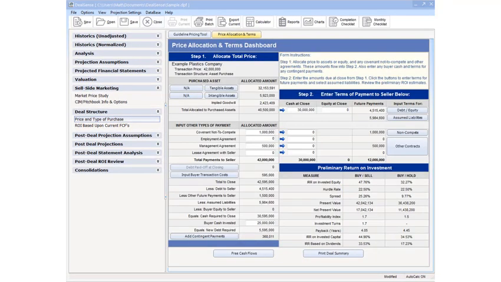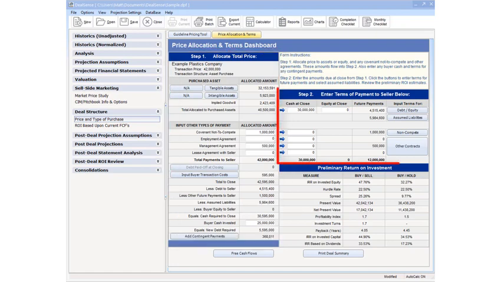Transaction terms have a significant impact on deal ROI. It's not just about price. Now in one place, you can set and test all of the purchase price package deal terms and allocation. There are three parts to this dashboard. First, enter the allocation of the price in Part 1.